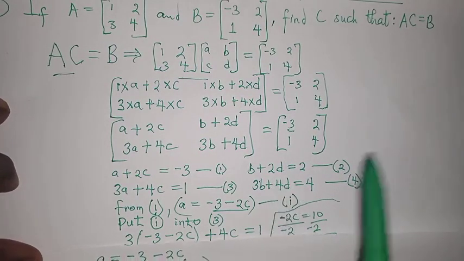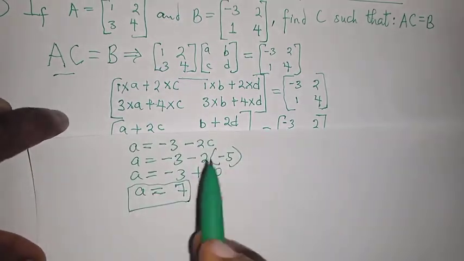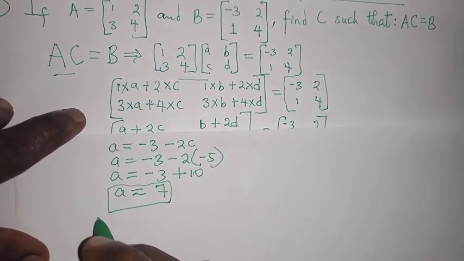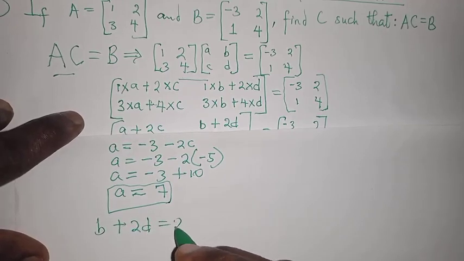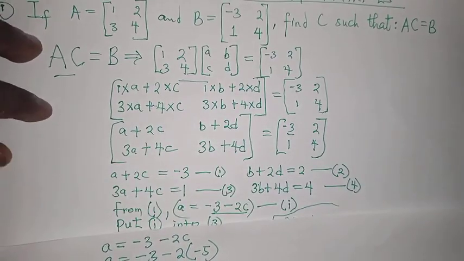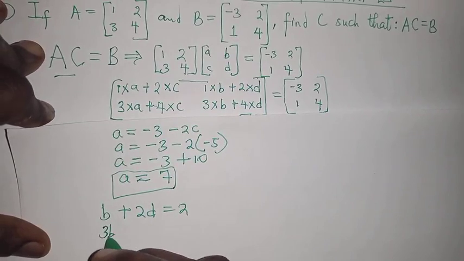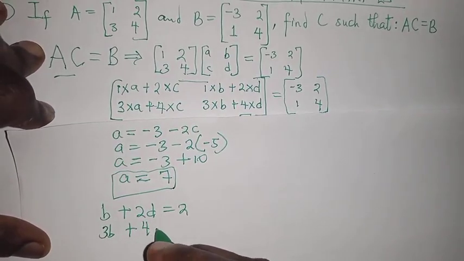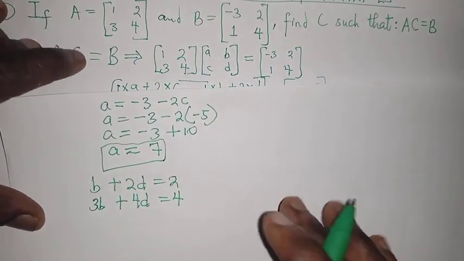Okay, so I'm going to go straight to solving for B and D. We have B plus 2D equals 2. So let me write it first. B plus 2D equals 2. We also have 3B plus 4D equals 4.